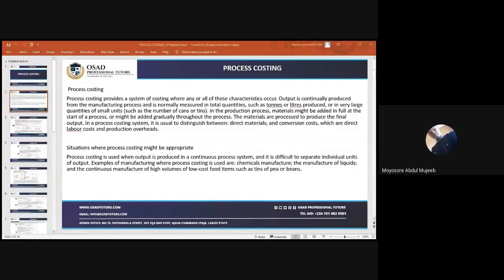Okay, sorry about that. So at the start of it, you have a series of materials which you are using for the production of that final output you want to put out. Maybe at the beginning, you put in 2 kg of a particular material. Maybe an hour later, you put in another material, 1 kg again.